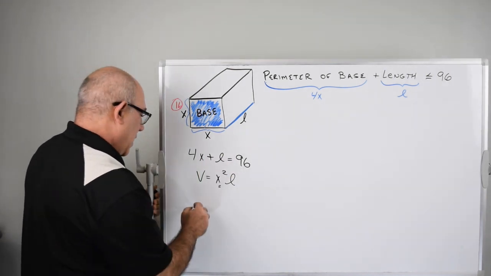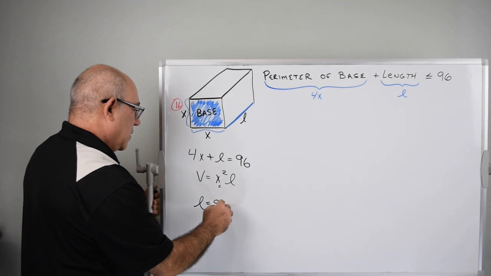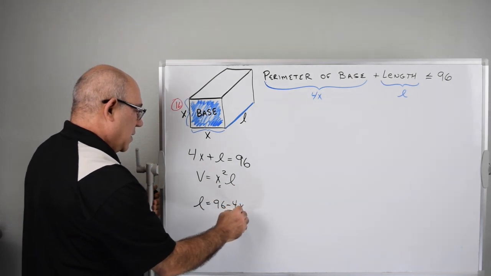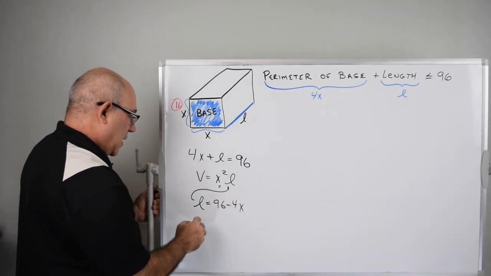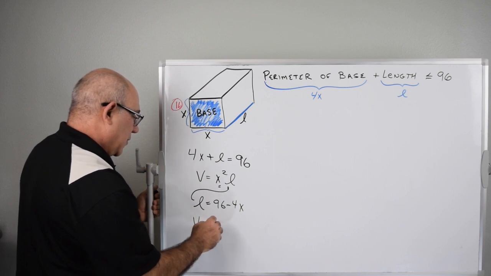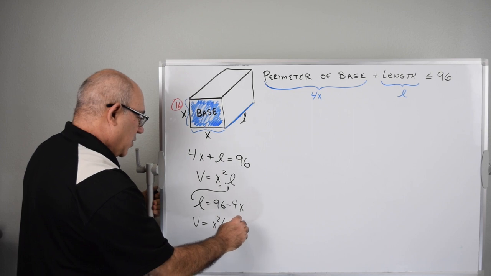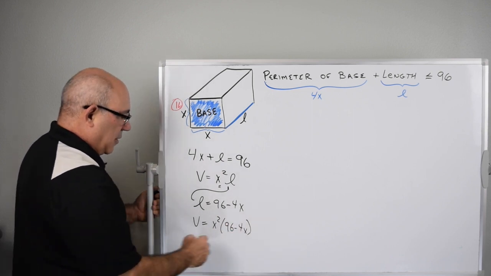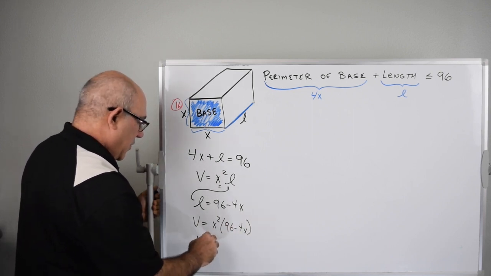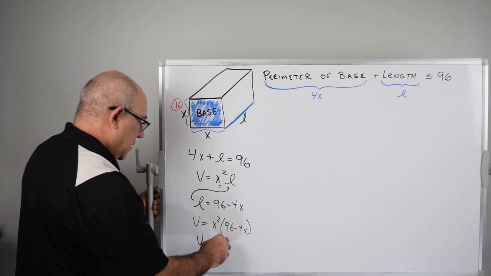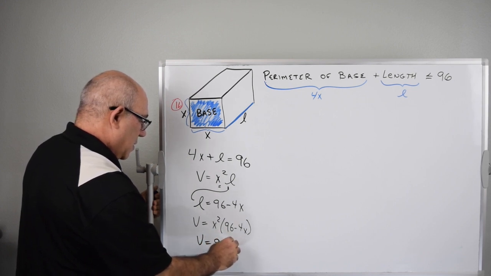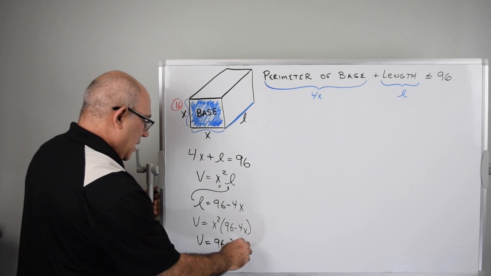We get L equals 96 minus 4x. Plugging that in here, we get the volume equals x squared times 96 minus 4x. If we multiply that through, the volume equals 96x squared minus 4x cubed.